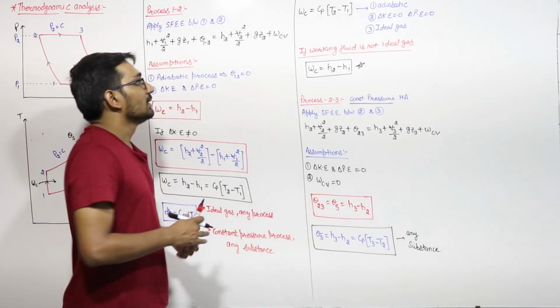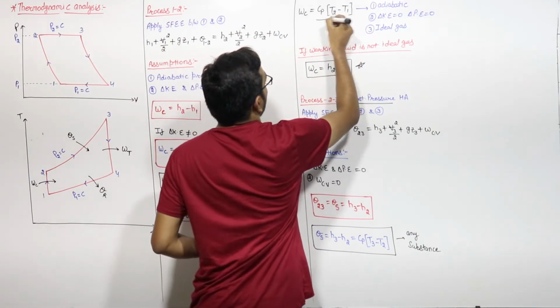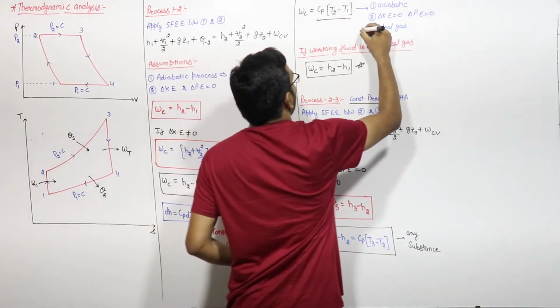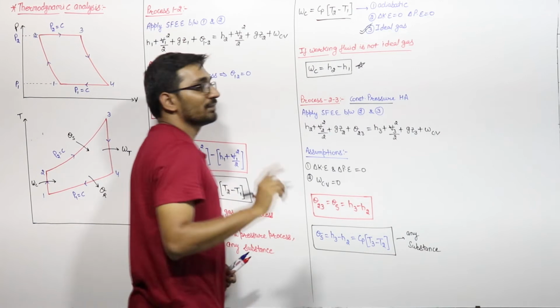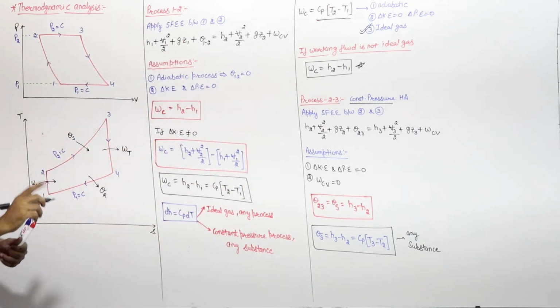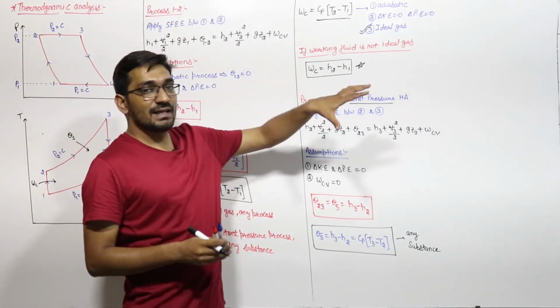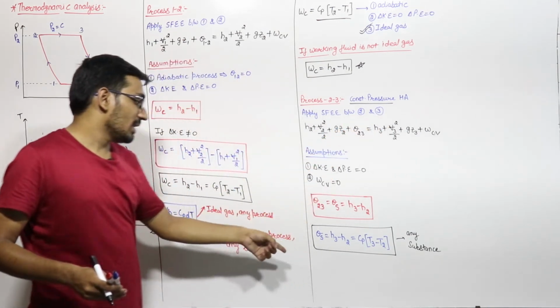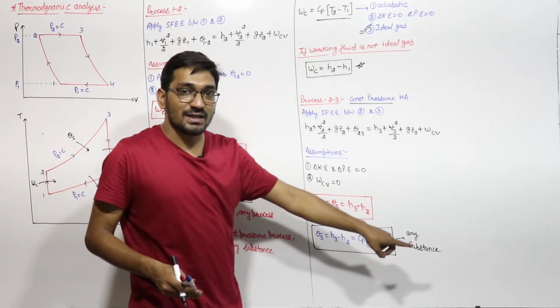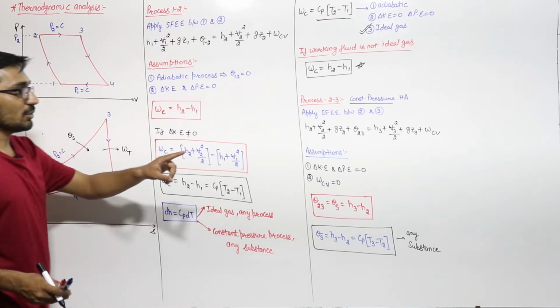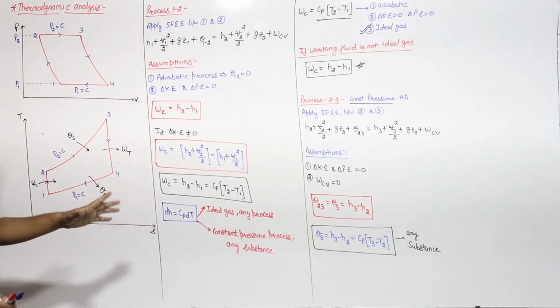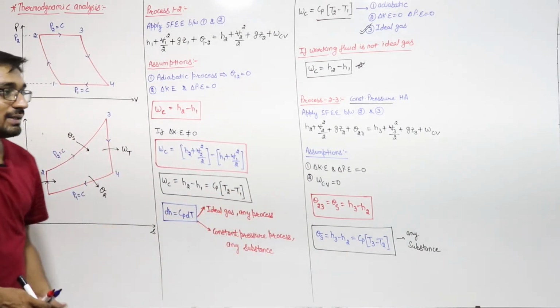But the work equation for the compressor you can only write if it is an ideal gas. Work required by the compressor is written in the terms of Cp dt only for the ideal gas, but heat supply will be equal to Cp dt for any substance.